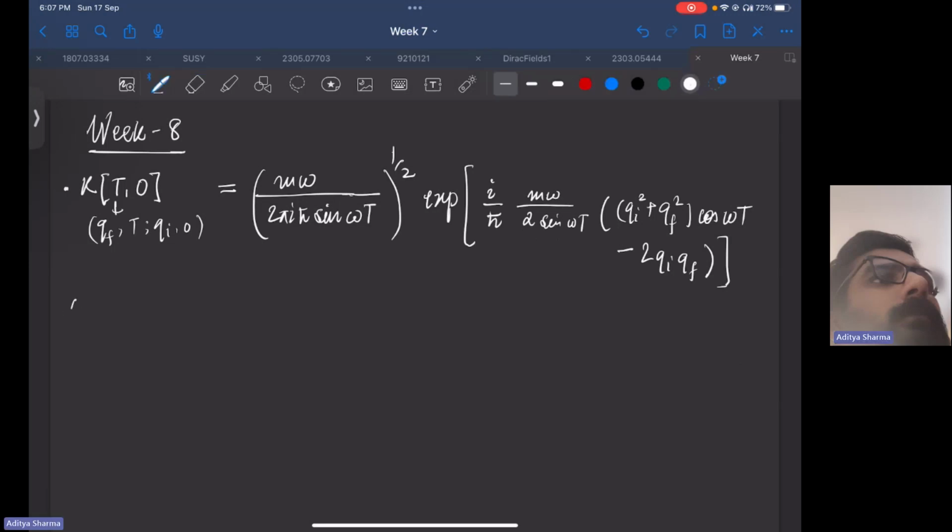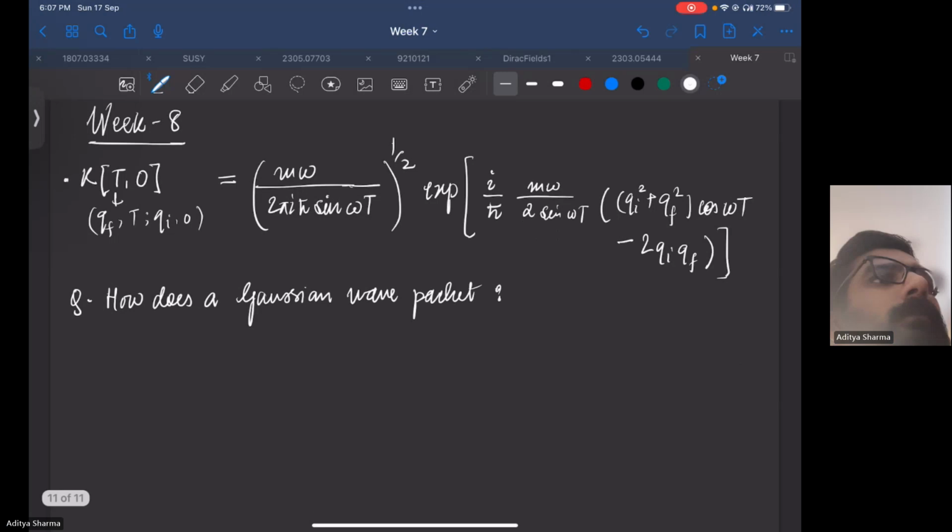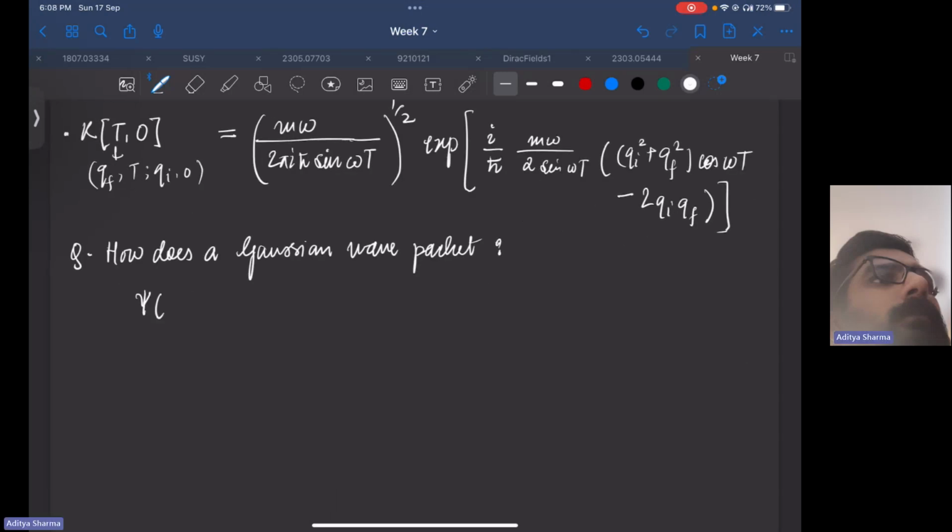The new question is, how does a Gaussian wave packet given as psi of q at t equal to 0 evolve? This sigma is a function of time, so I'm writing sigma of 0.